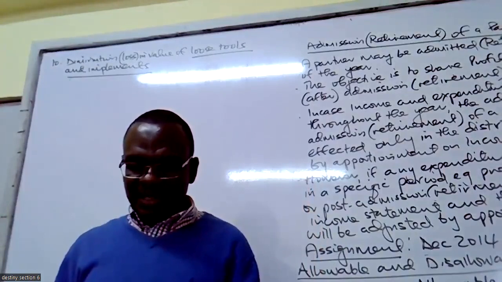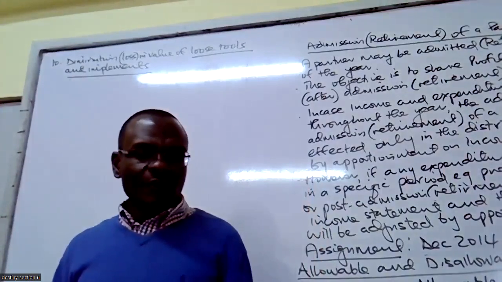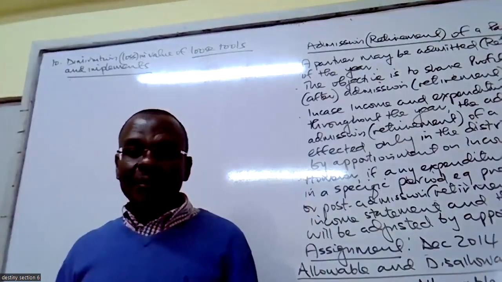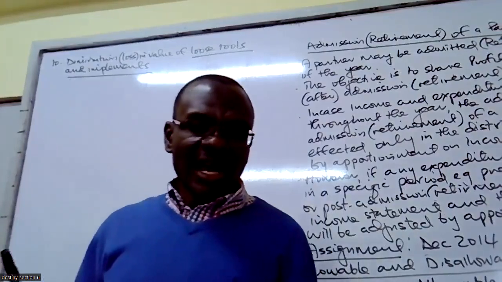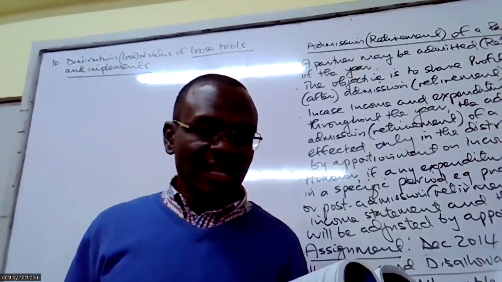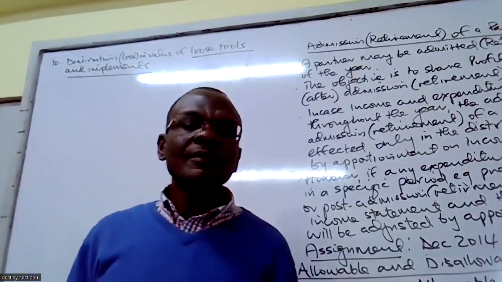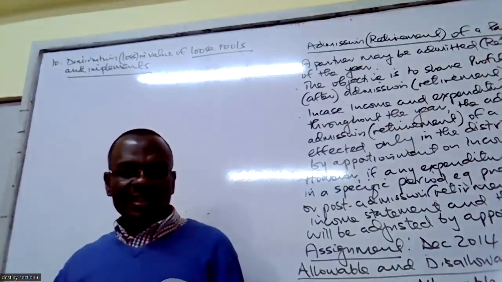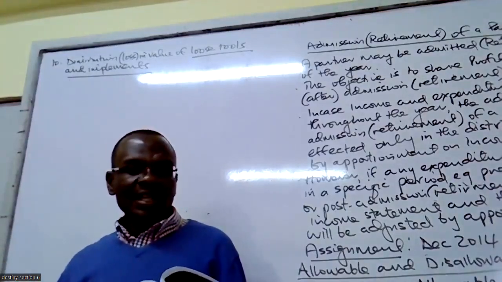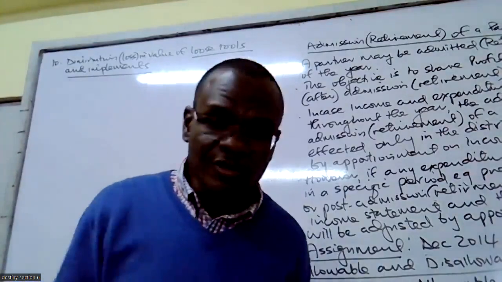Then number 17, the amount of interest on money borrowed and used in the production of income, e.g., interest on loans.